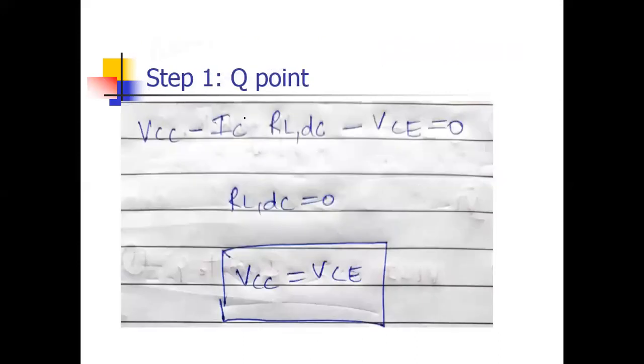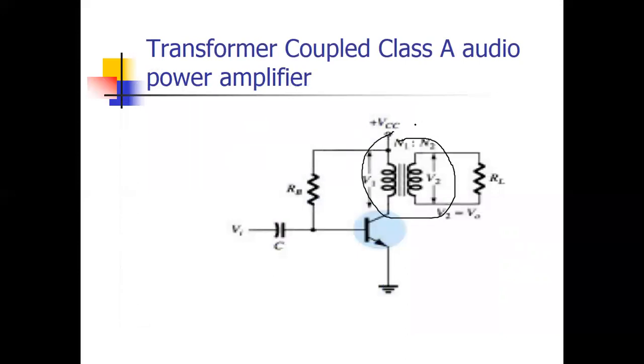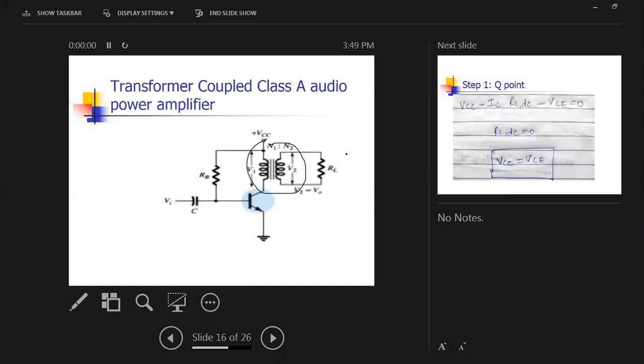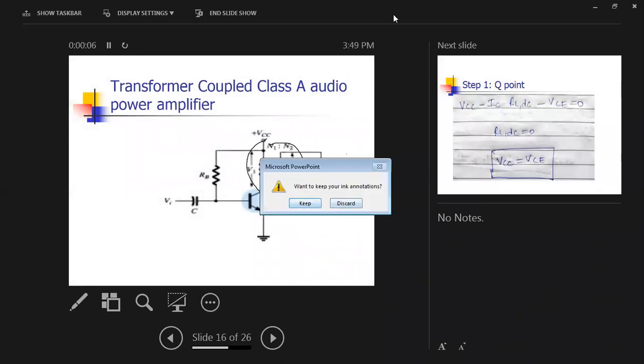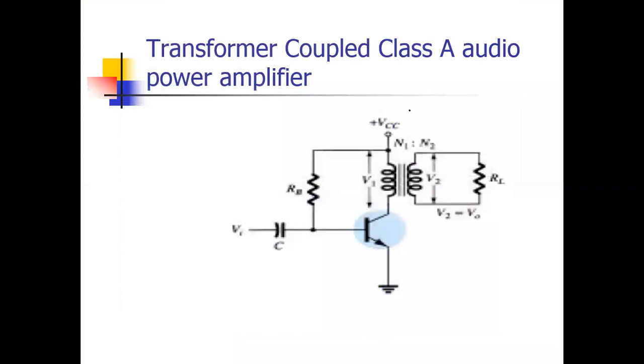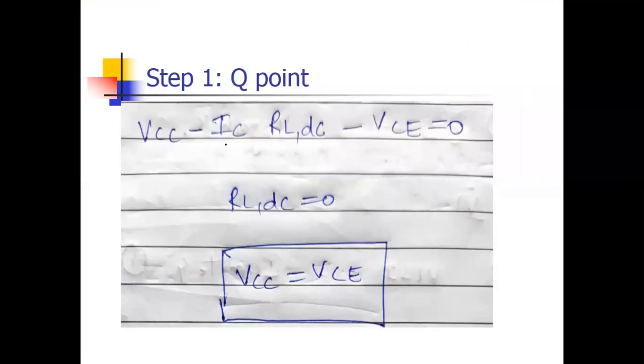So for the Q point, what is the equation? If you apply the KVL on the right side, the KVL equation will be VCC minus IC RL minus VCE equals 0.